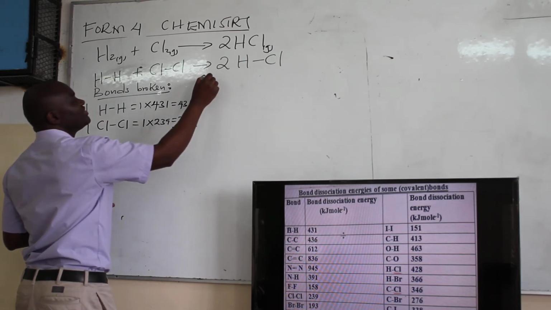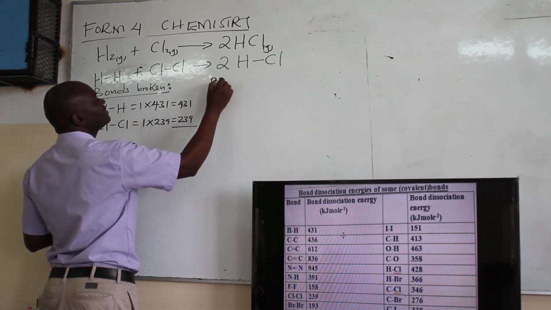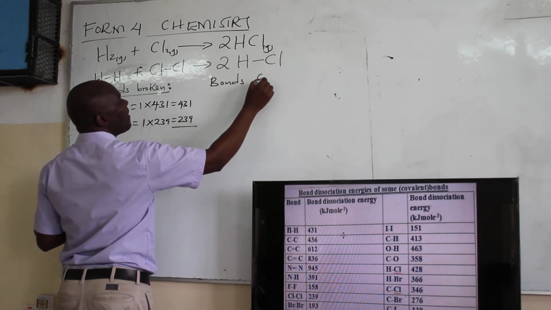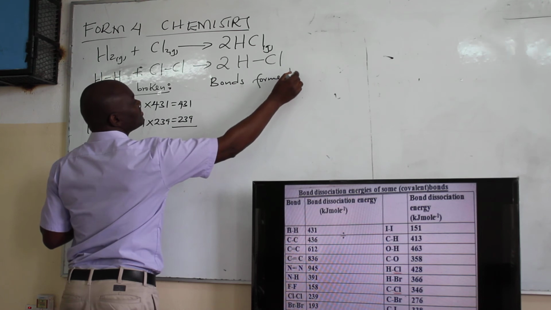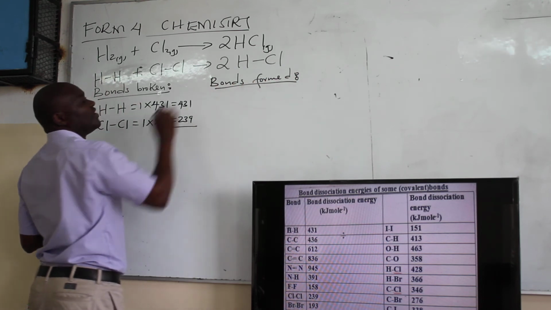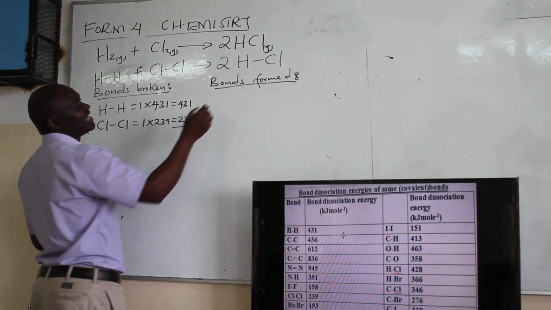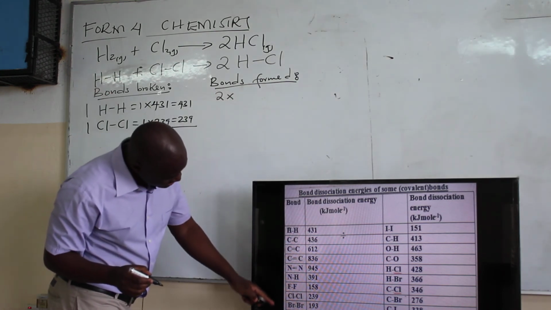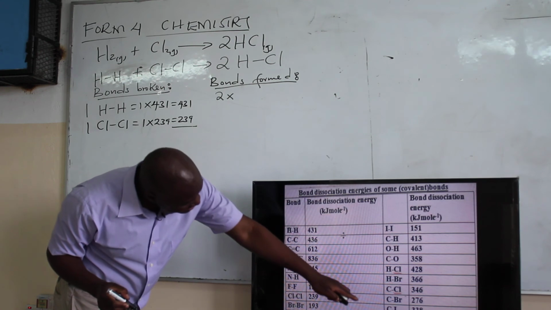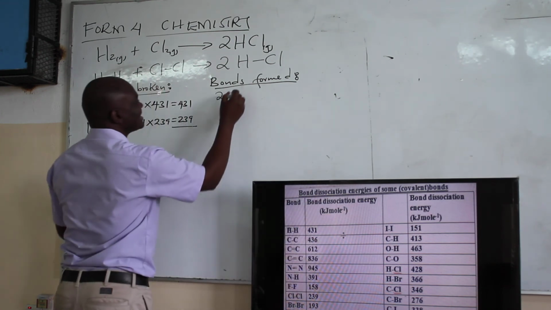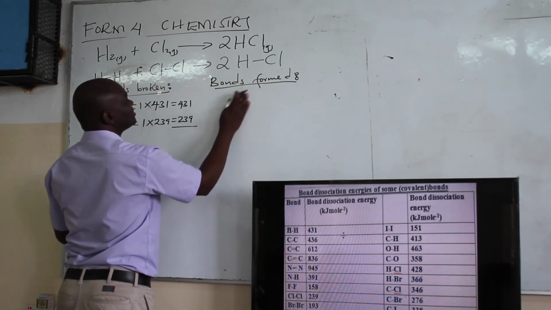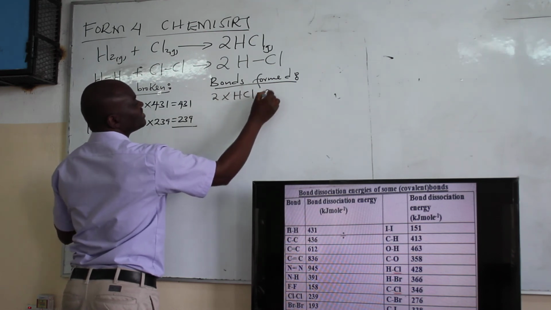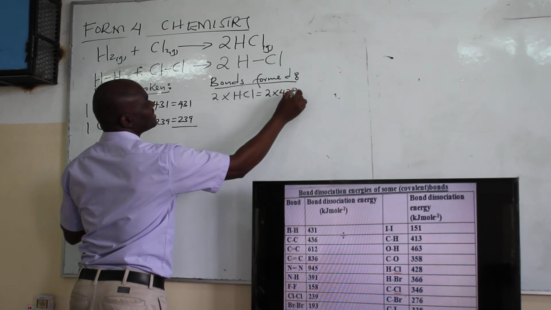Then on the other side we have bonds formed. Here is 2 times hydrogen chloride. Hydrogen chloride is 428, so 2 times 428.